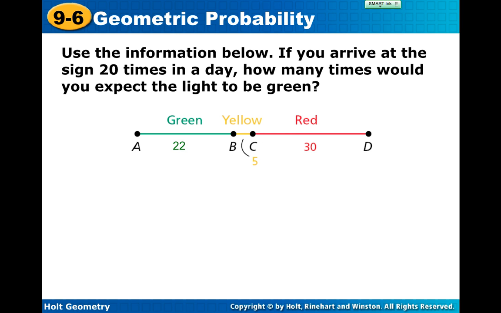Set that equal to 7 out of 20. A few more.